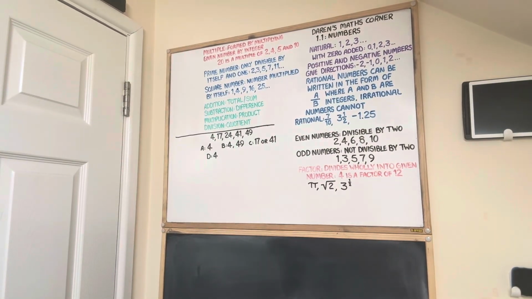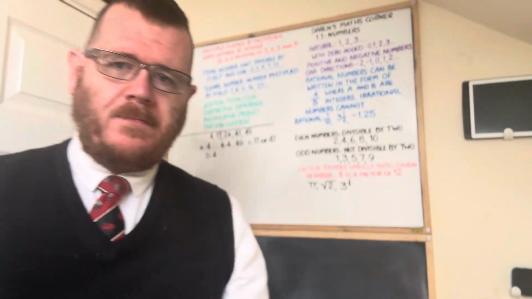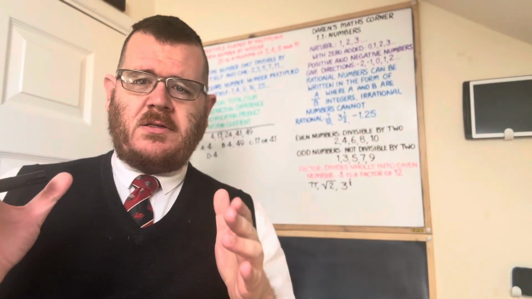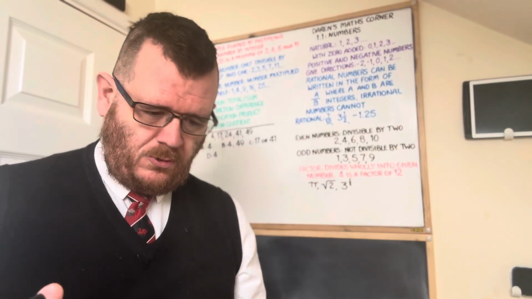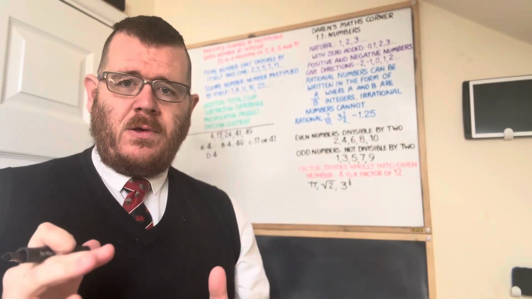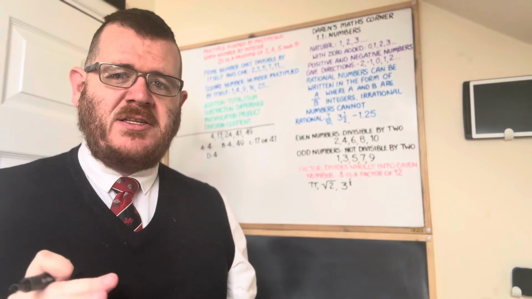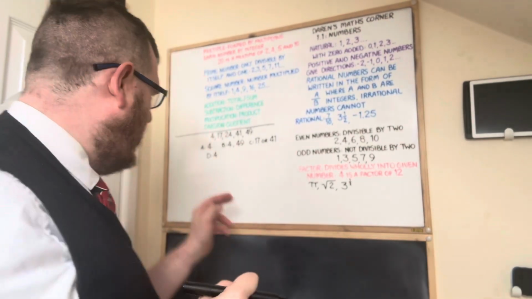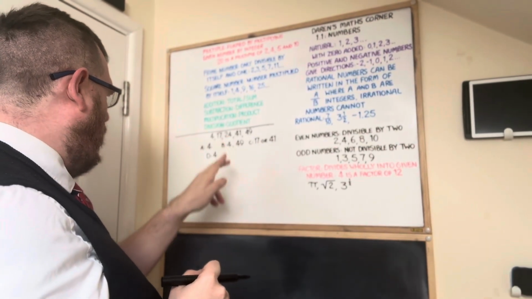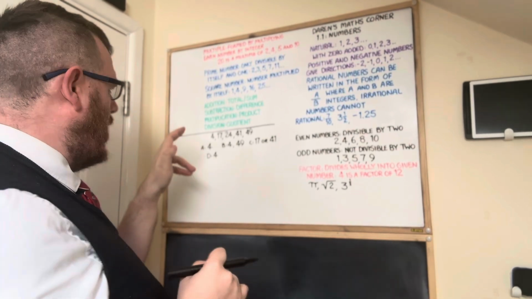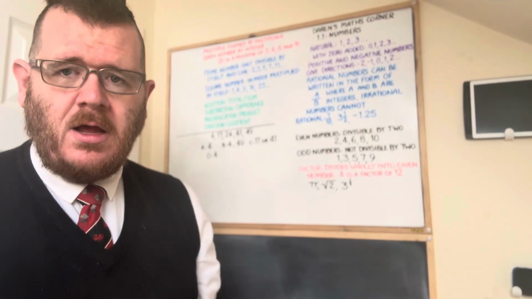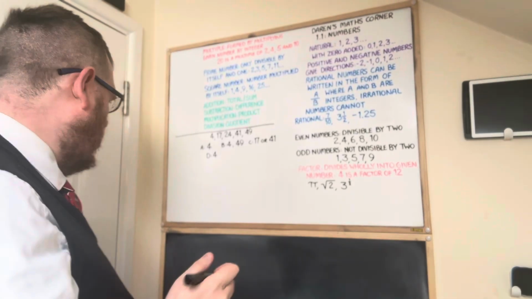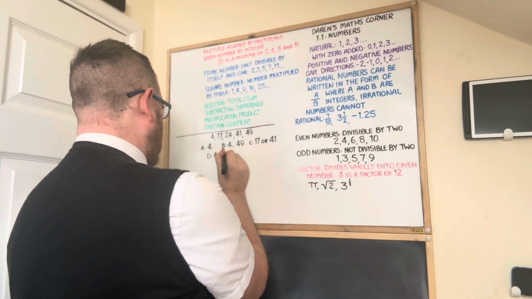Bearing that in mind, we're now going to find the number which is the sum, or the total, of the two that are already in the list. So we've got 41, because 17 plus 24 is 41.